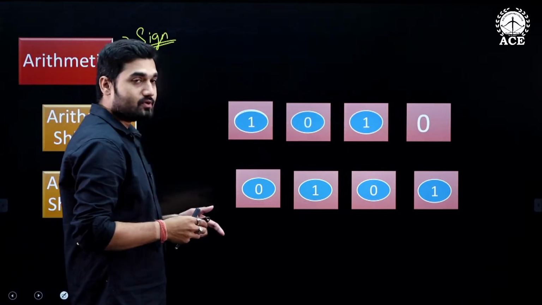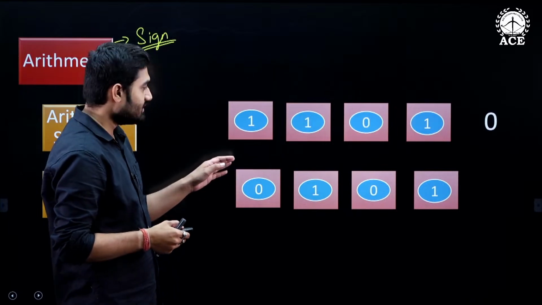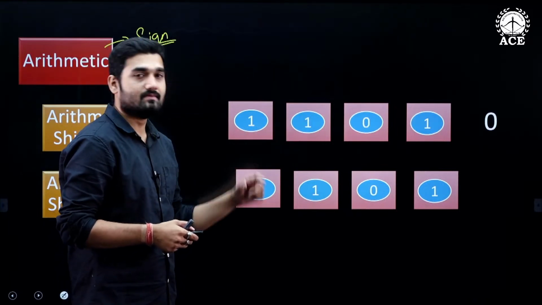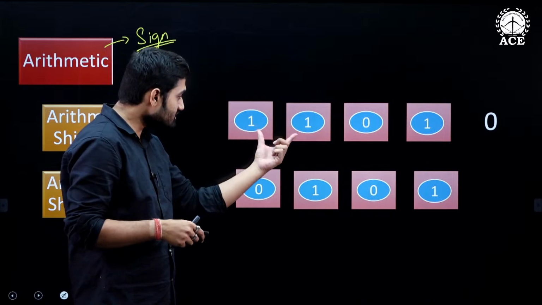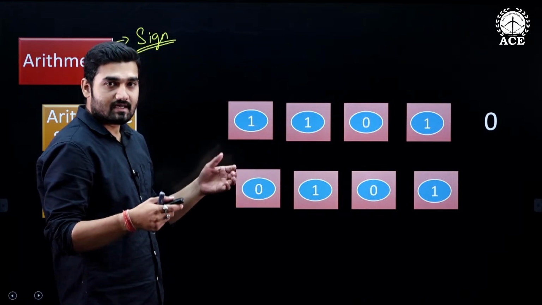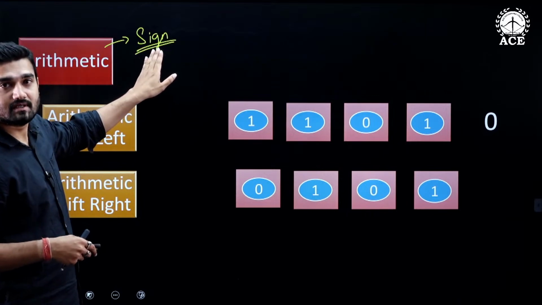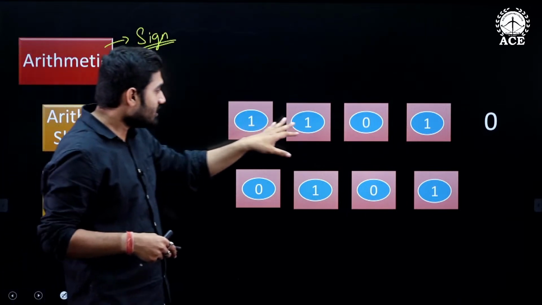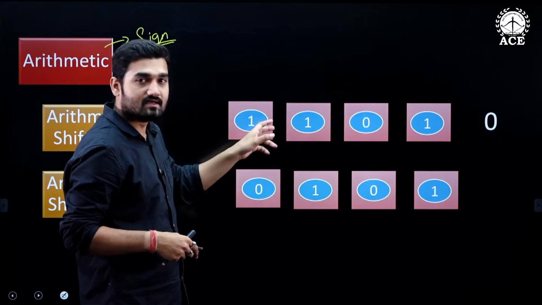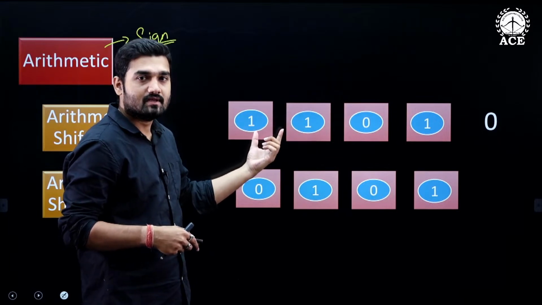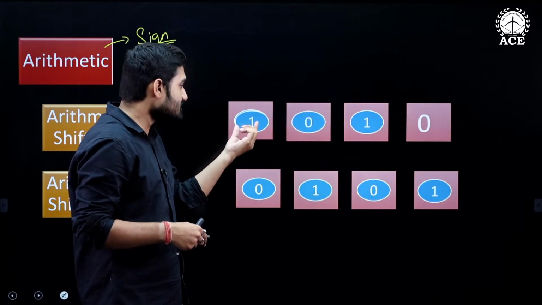But carefully, I have kept these two bits the same because this is an arithmetic operation, and it is performed on a signed number. After shifting, the sign must be the same.